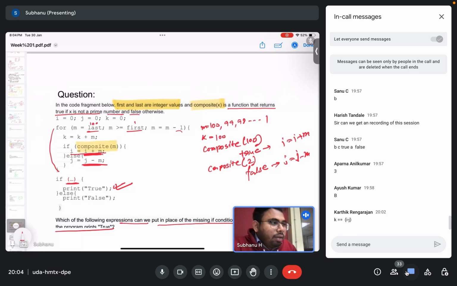So if m is a composite number, then how does it change? k plus m is equal to i plus m minus j. And if it is a prime number, if it is not composite, then how does it change? Let me write it clearly.